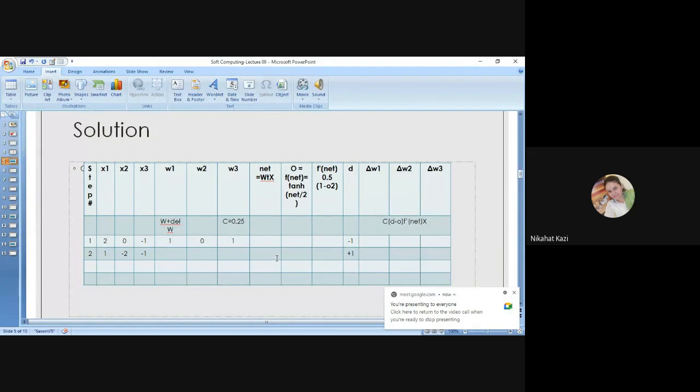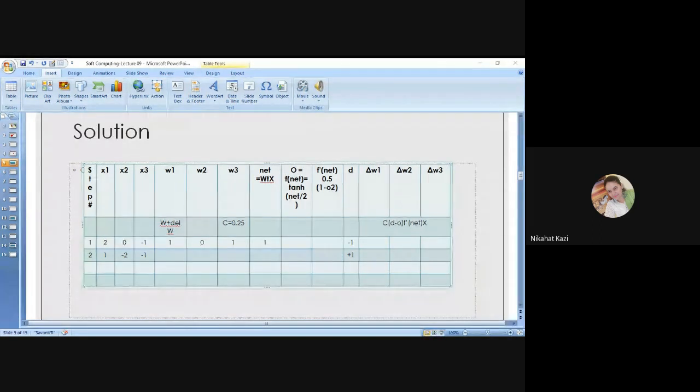So let us solve this problem quickly. What is net for the first training pattern? What is the net value? 1. It is 1. Okay.